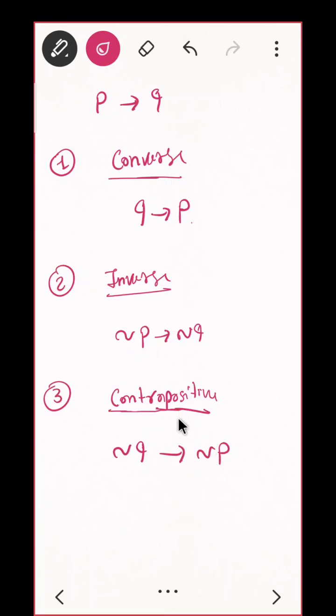Why am I talking about this? In the last exercise of your chapter on logic, you have a table that is a list of formulas, like De Morgan's law, commutative law. I hope you remember that. In that, the last property is the contrapositive law.